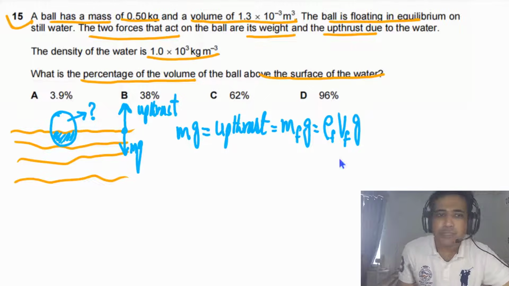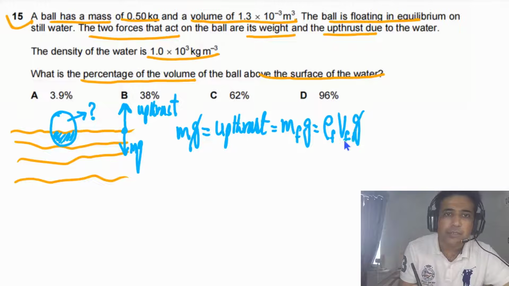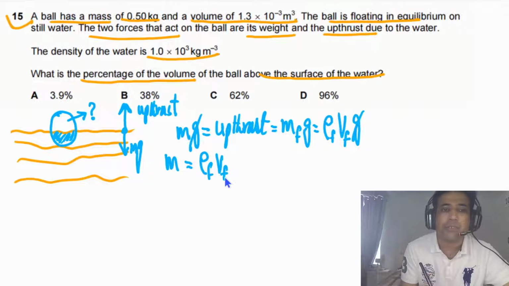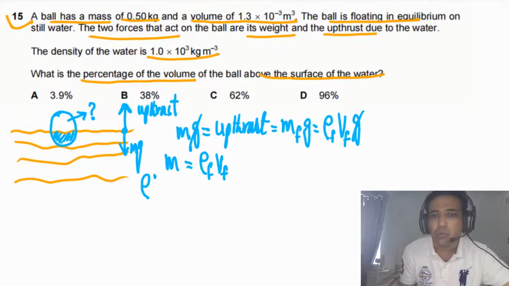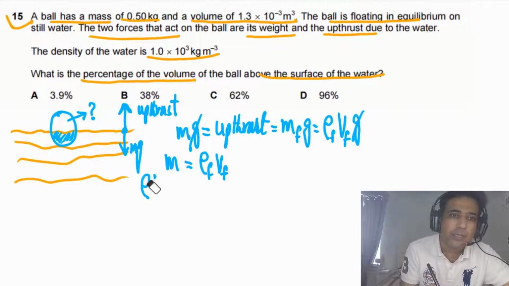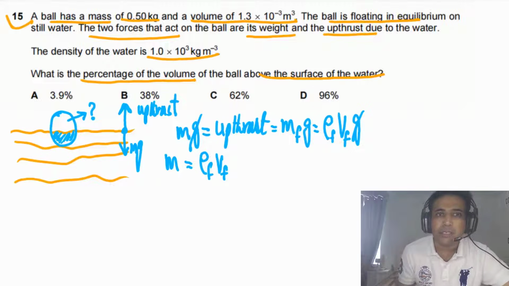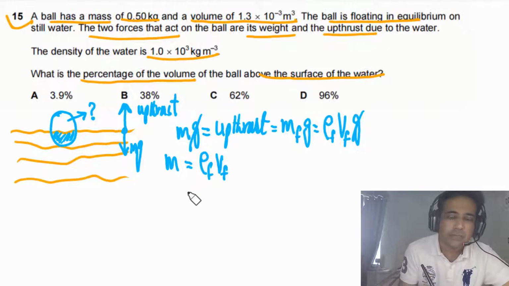And from here we can simply cancel this g with this g, and we can write the mass of the ball is equal to density of the fluid times volume of the fluid displaced. And the mass of the ball we could write as density of the ball times volume of the ball. But in this case we do not need to write it in terms of density and volume, because the mass of the ball is directly given to us.